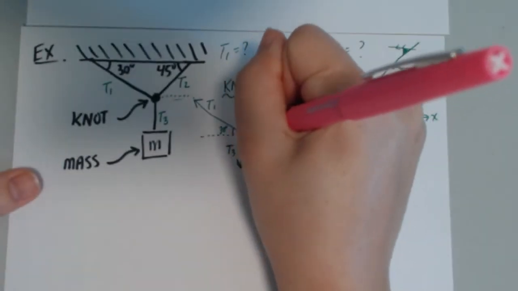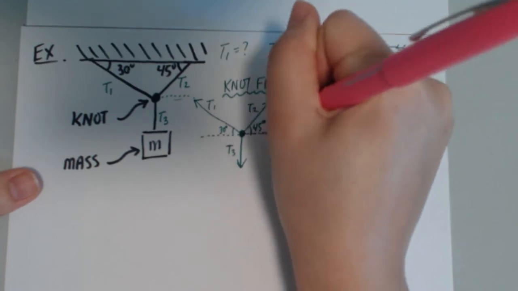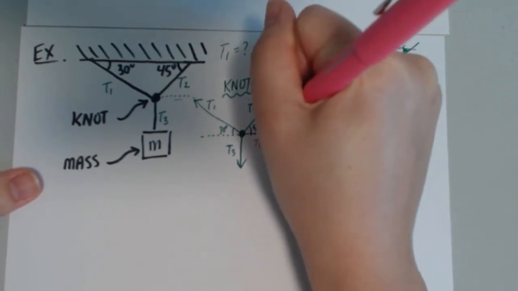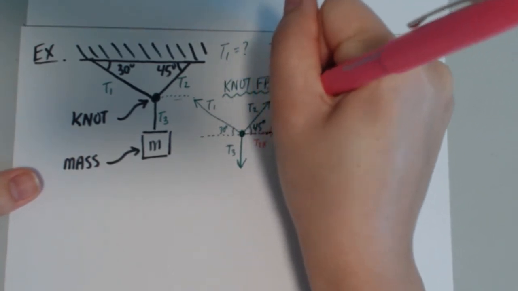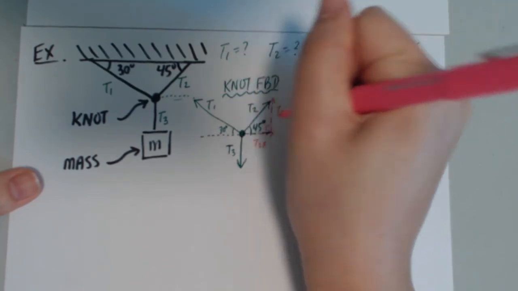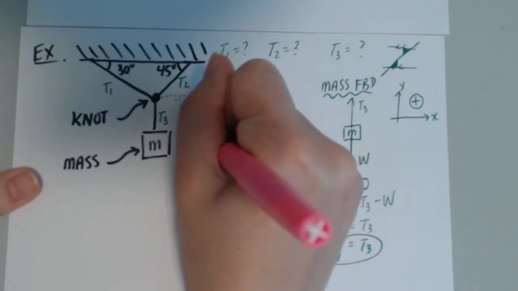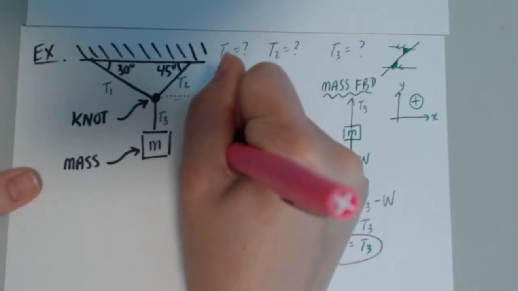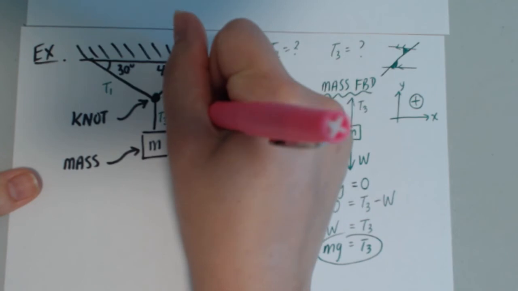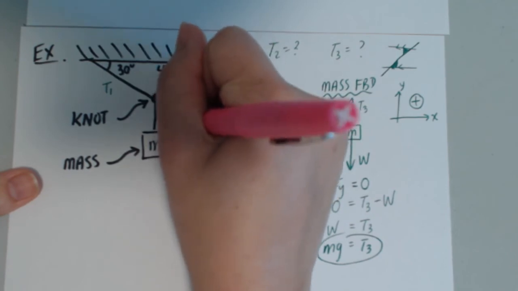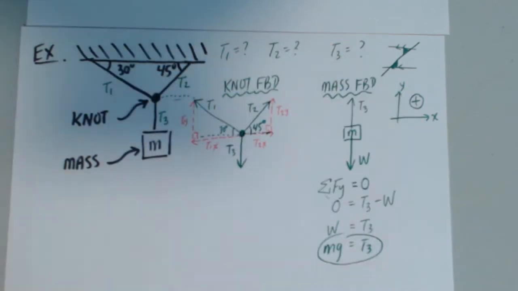So T2x is going to look like this, T2x, and T2y is going to go up. And of course, those two are at 90 degrees. T1x is going left, and T1y is going up. And of course, those are also at 90 degrees to each other.